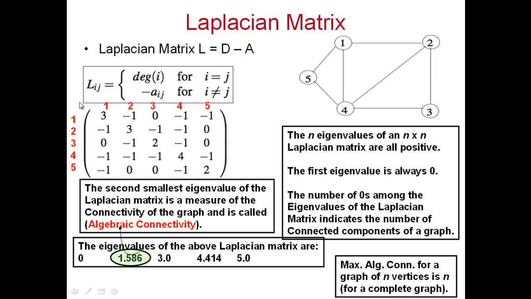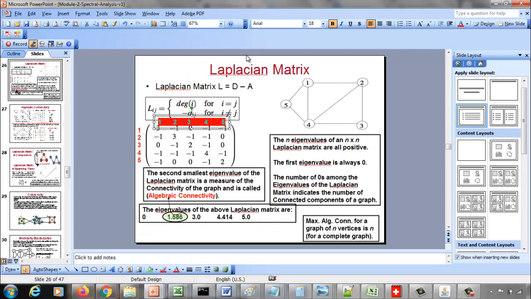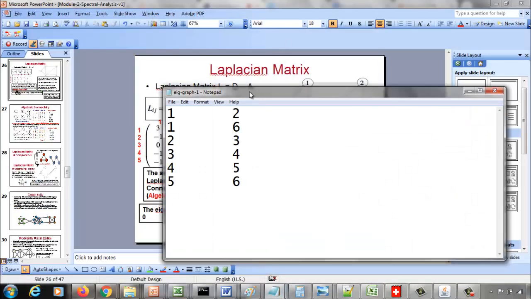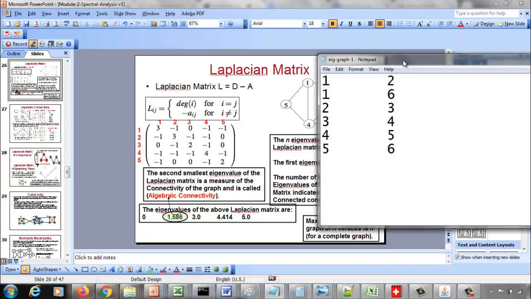Okay, so this is how you get the Laplacian matrix, and this is a matrix calculation. If you're given the degree matrix and the adjacency matrix, you can calculate the Laplacian matrix by just doing the degree matrix minus the adjacency matrix. The degree matrix is simply a square matrix with entries only in the diagonal.